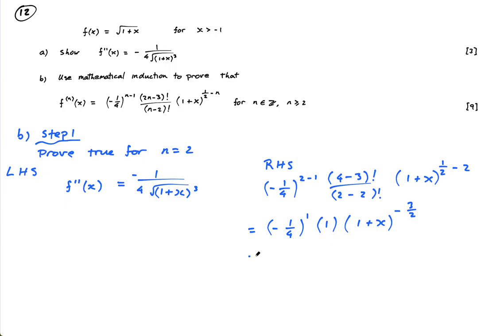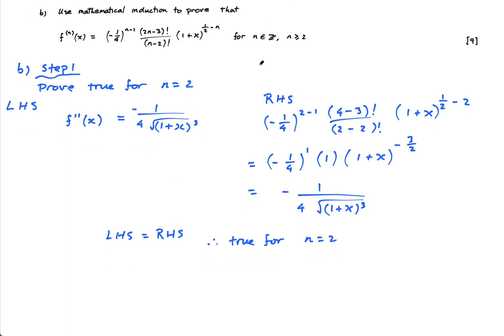And this, we know, guys, equals minus 1 over 4 times the square root of 1 plus x cubed. Left-hand side equals right-hand side. Therefore, true for n equals 2.